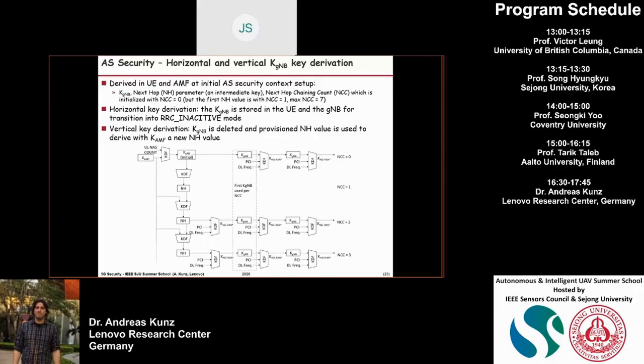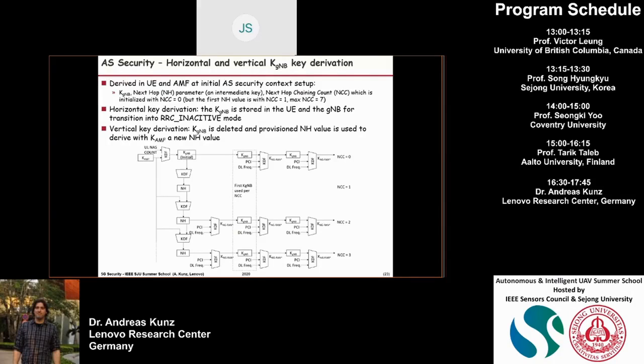The big difference between using horizontal or vertical derivation is whether you have the KgNB stored in the UE and G-Node B or not. And this basically depends on whether the UE was just in RRC inactive mode or it went to RRC idle mode.